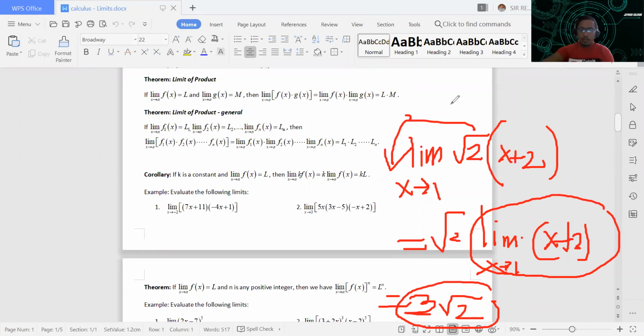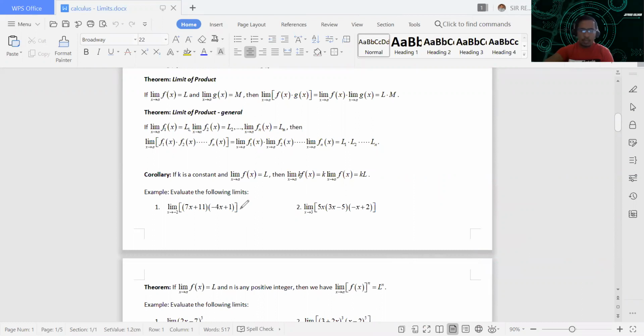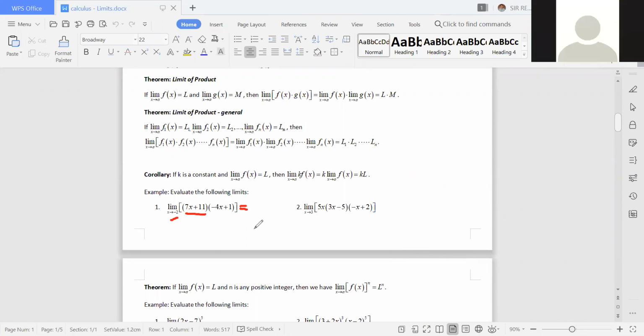So, the next thing is, we will answer this one. What is the answer of this one as your fixed point is negative 2? Negative 3, because it is negative 14 plus 11, so it is negative 3.